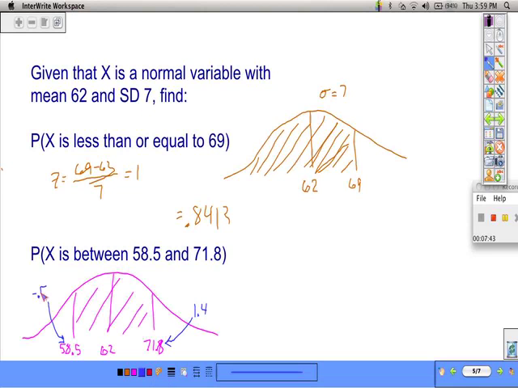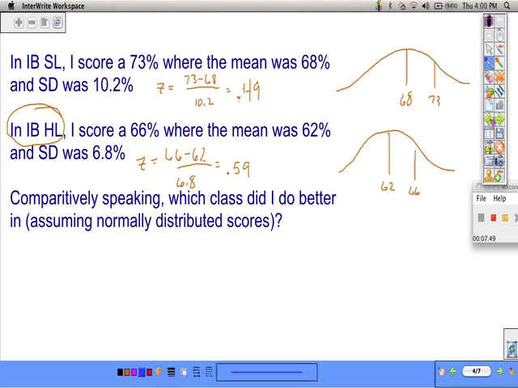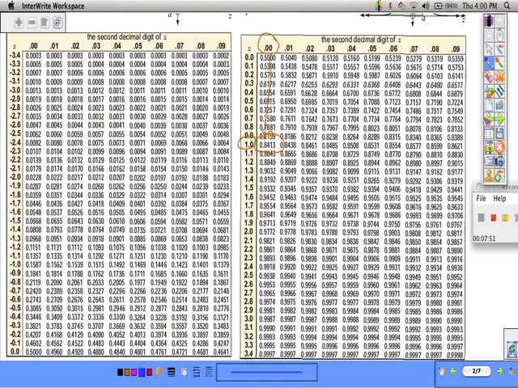So if I go to my table, I'm going to look up negative 0.5, negative 0.50. So there's negative 0.5, there's my 0, 0.